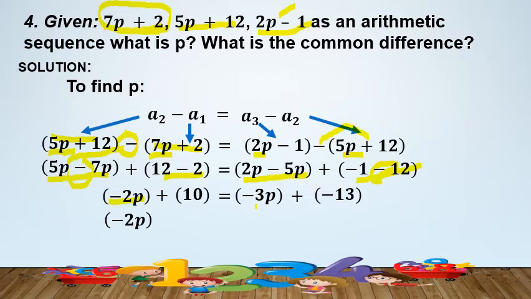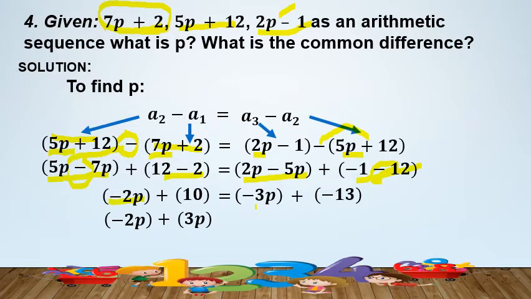So, magiging negative 2p plus 3p. Bakit naging negative? Kasi lumipat ng other side ng equation. By the way, tandaan mga bata, nagpapalit lang ng sign kapag naglilipat or lumilipat mula sa kabilang side ng equality sign.